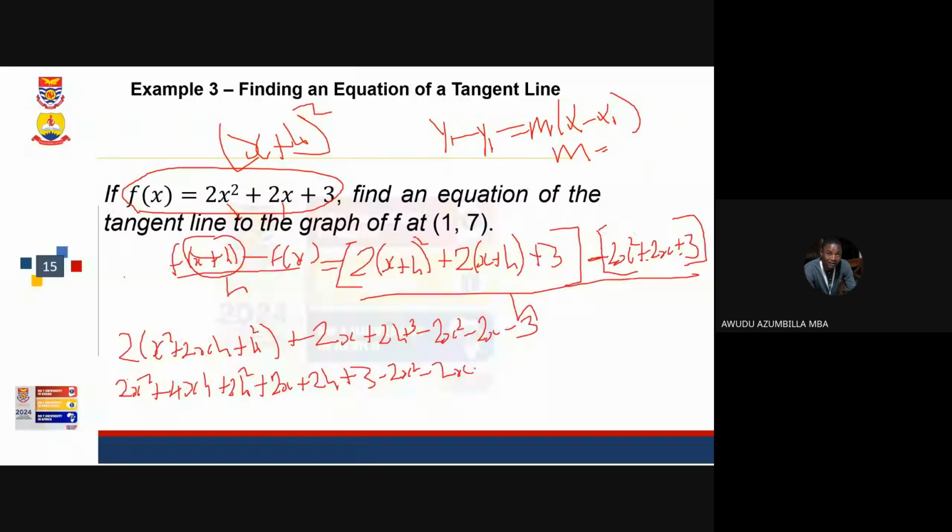But I want to simplify it first before we divide. Now, when you look at this one, there are some common terms we can cancel. This 2x squared and this 2x squared can go away.